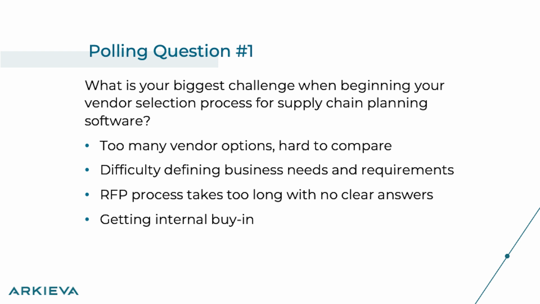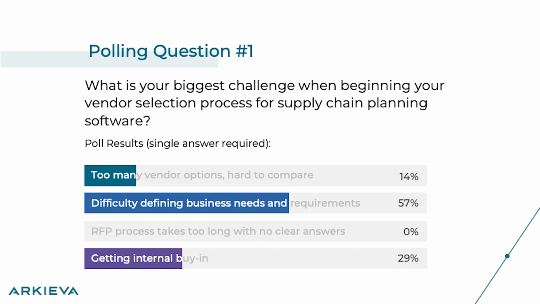RFP process takes too long with no clear answers, or getting internal buy-in? Okay, great. It looks like the votes have come in, and the majority of people identified the difficulty defining business needs and requirements as the biggest challenge when doing a vendor selection process. So you're in for some good tips and guidance for today's webinar.